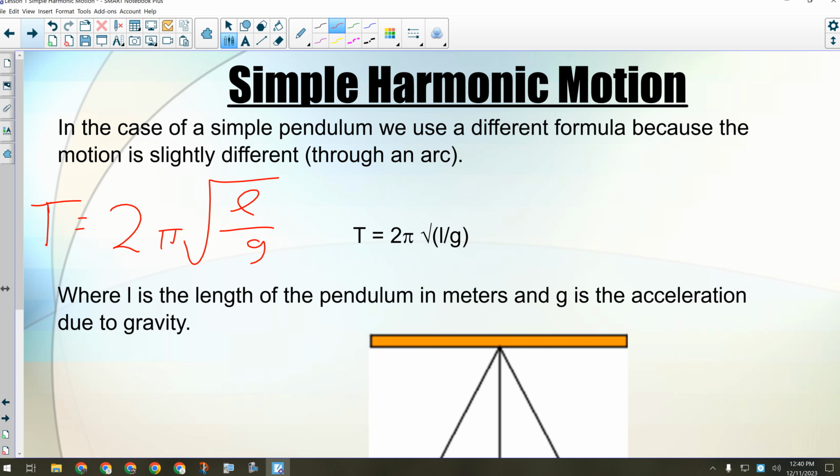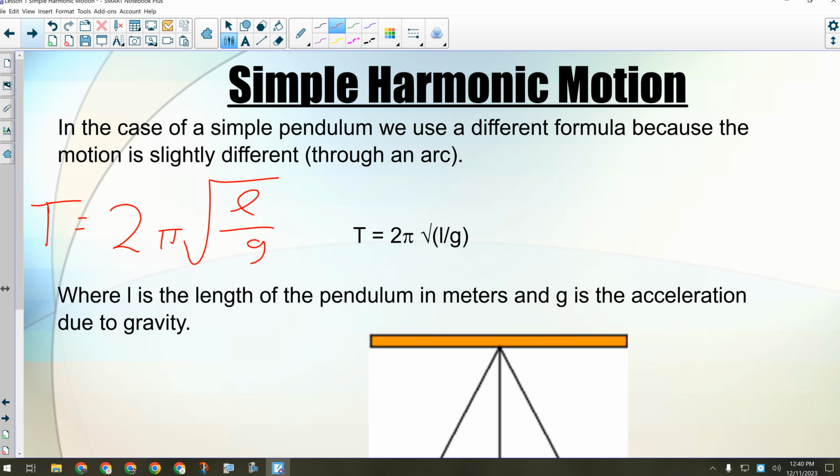So a longer pendulum, bigger period or smaller period? Bigger, yeah. L is on top, right? So if L gets bigger, T gets bigger. Greater gravity? Gravity gets greater, smaller period.